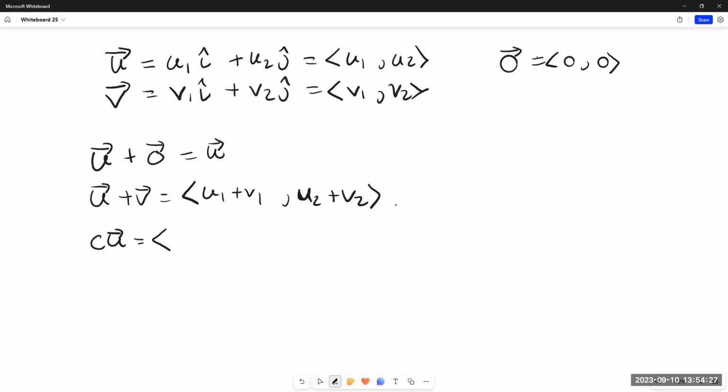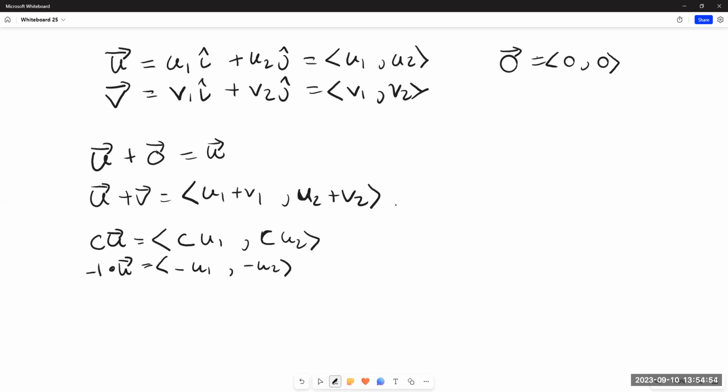A scalar multiple c times a vector is going to be c times u1, c times u2. So specifically, if I have -1 times the vector, this is going to be the same distance but going in the opposite direction of u. It's going to be a -u1 and a -u2.